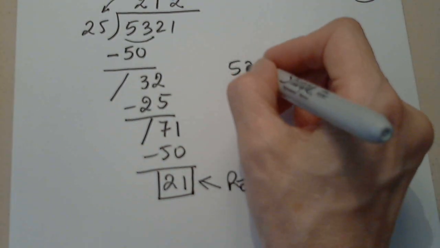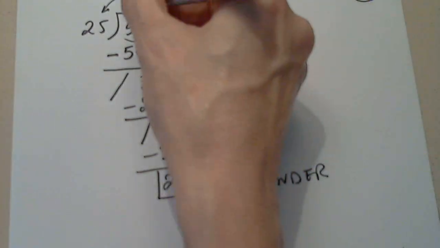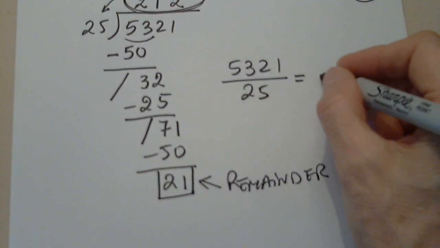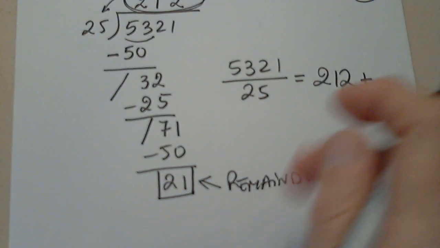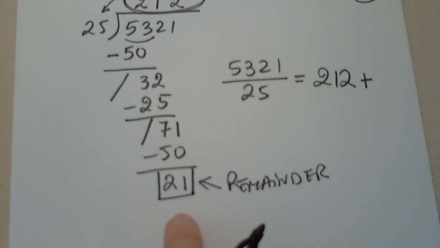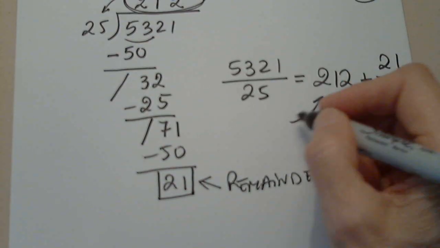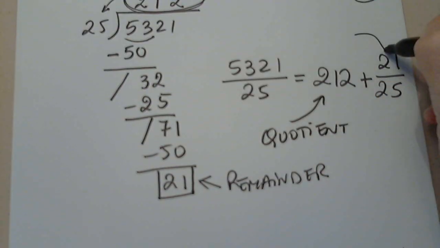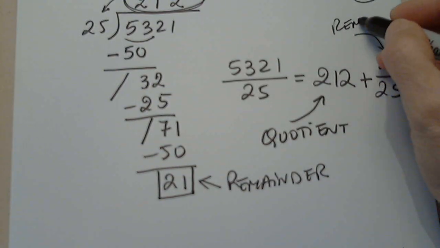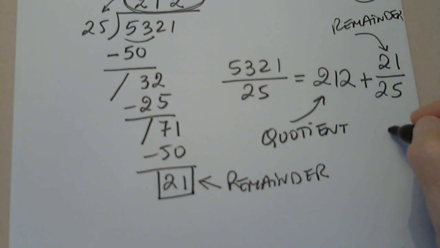I divided 5321 by 25. I got the quotient 212 plus, why plus? Because 21 is positive, right? Plus 21 over 25. This is called the quotient. This is called the remainder. And this is called the divisor.